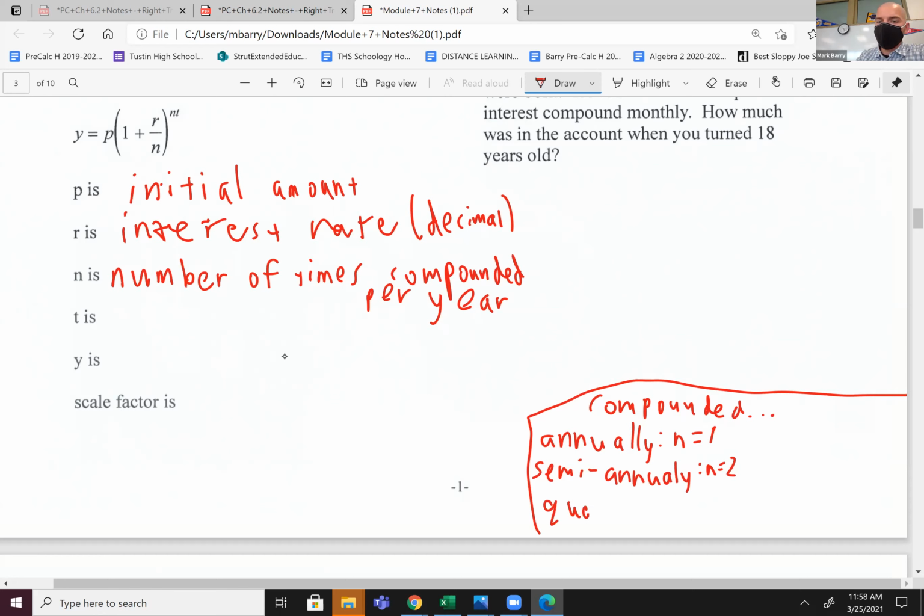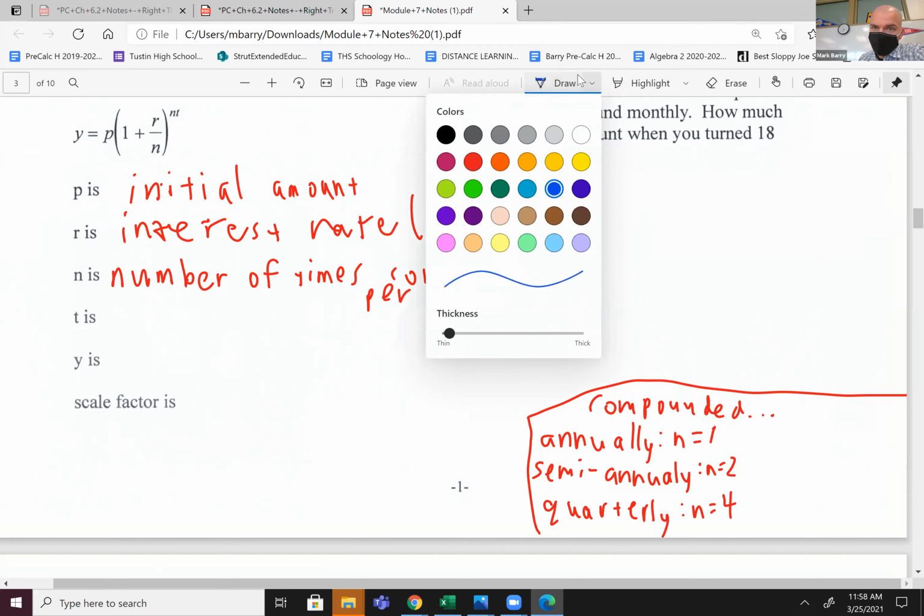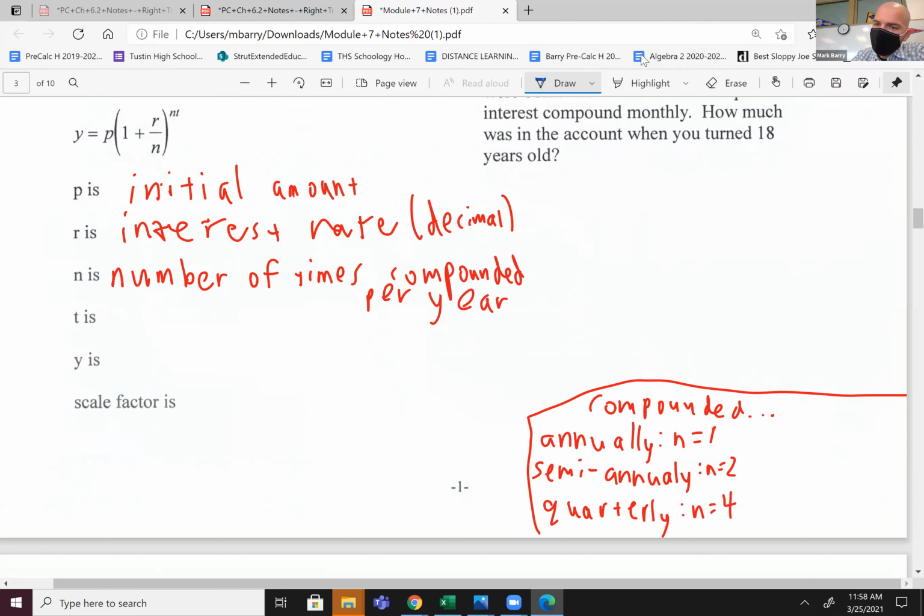If you do something quarterly, how often do you do it? 4 times per year. If you do something monthly, how many times do you do it per year? 12. And if you do something daily, how many times do you do that per year? 365.